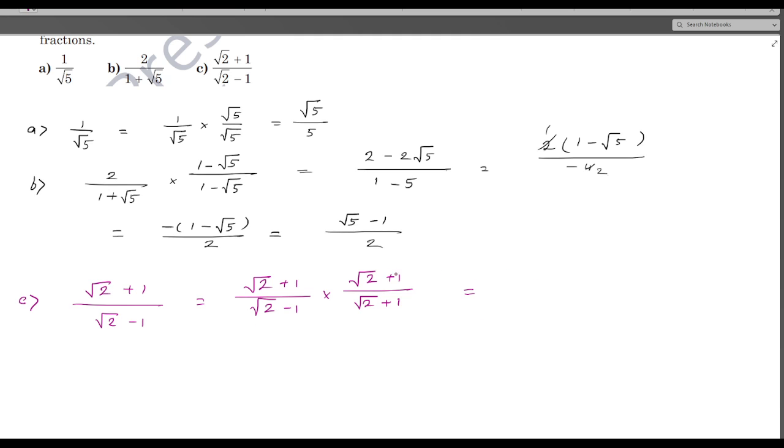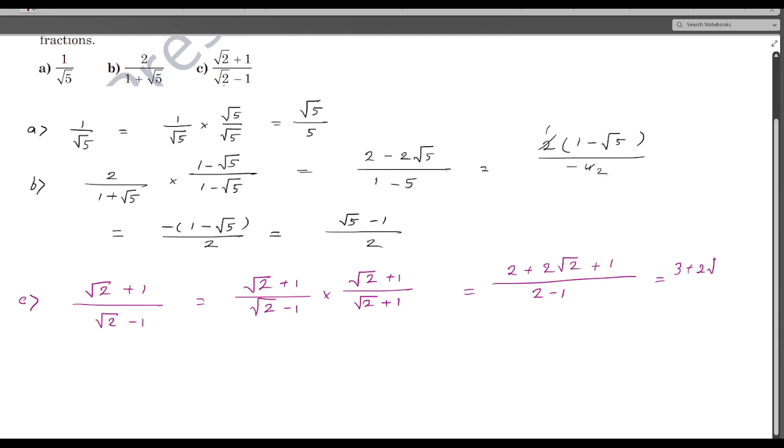Your numerator will become a plus b the whole square is a square plus 2 times ab, that is 2 times root 2, plus b square, that is 1, upon a minus b into a plus b is a square minus b square. So 2 plus 1 is 3, 3 plus 2 root 2 divided by 1. So answer is 3 plus 2 root 2.